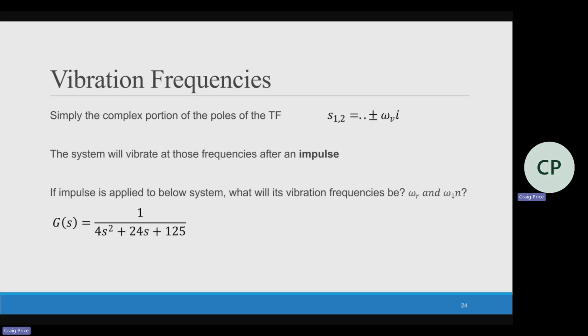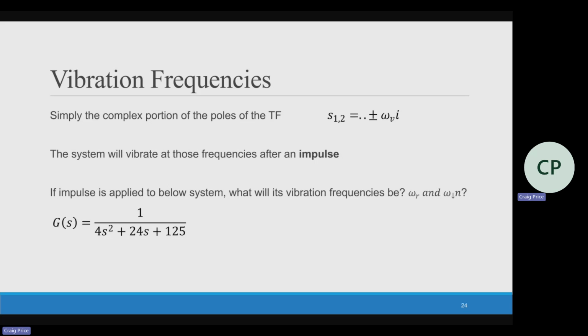So if I have my transfer function, I can find the roots or the poles. It is the imaginary part, the complex portion. So really easy to find. The system will vibrate at those frequencies after an impulse.